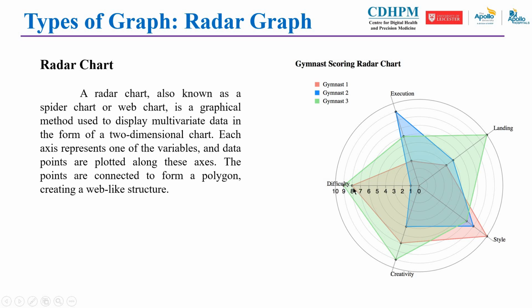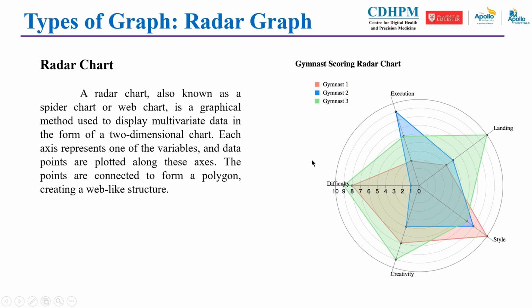Same like that, the red person had an excellent, very good difficulty. He had a very low execution style. He had very low landing style or landing stance. And he had okay or a good style, like the style of the overall performance is good, and his creativity is also okay.